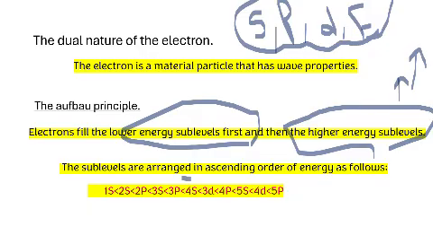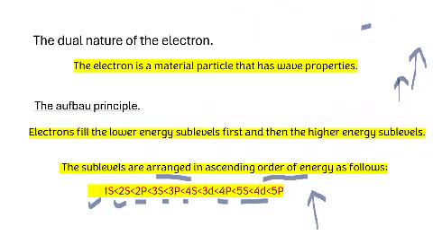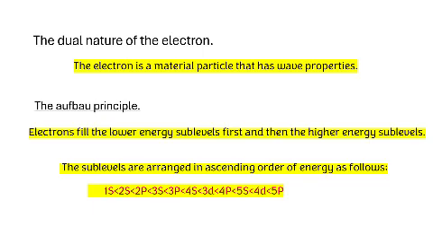So the sublevels are arranged in ascending order: 1s, 2s, 2p, 3s, 3p, 4s, 3d, 4p, 5s. This is the ascending order, from the lowest energy sublevels to the highest energy. And this is the Aufbau or building up principle, which states that electrons fill the sublevels of the lowest energy before filling the sublevels of the highest energy.